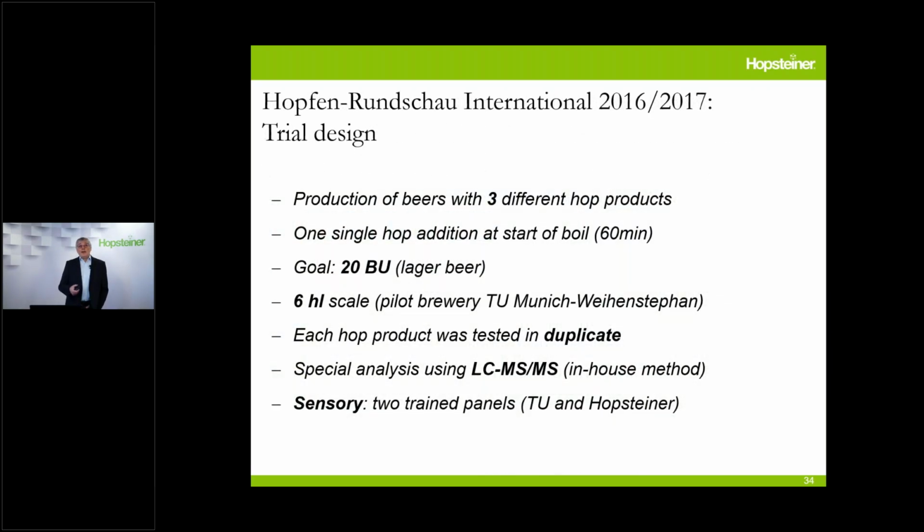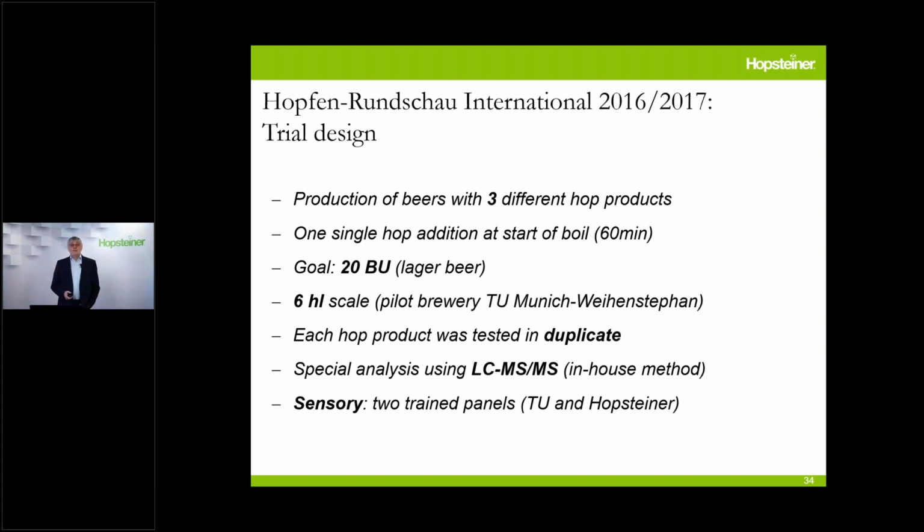And here is the trial design of the study. 3 beers were produced with different hop products. There was only one single hop addition at start of boil. The goal was a lager beer. Brewing trials were done at the 6 hectoliter scale pilot brewery in Weihenstephan.